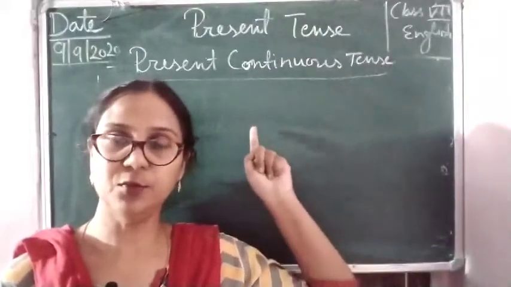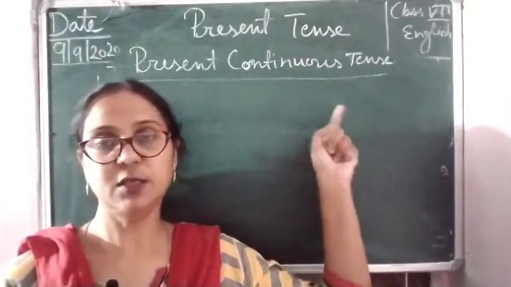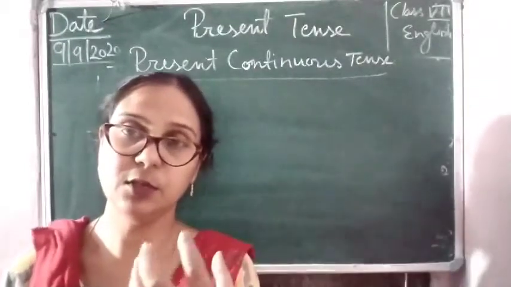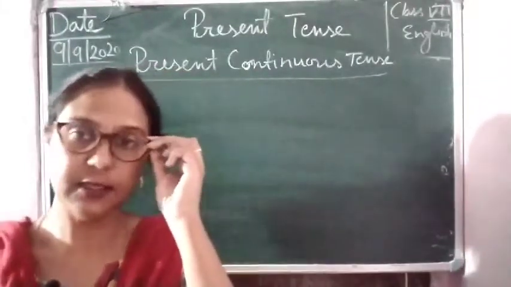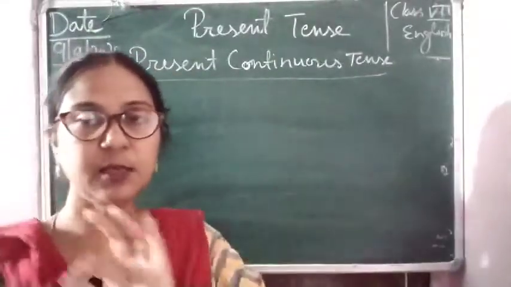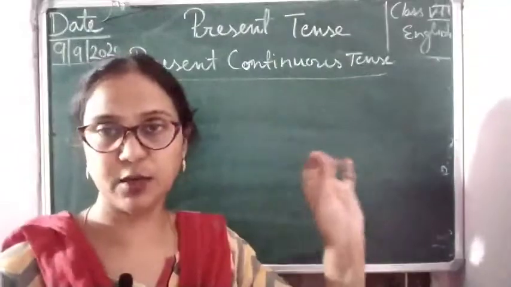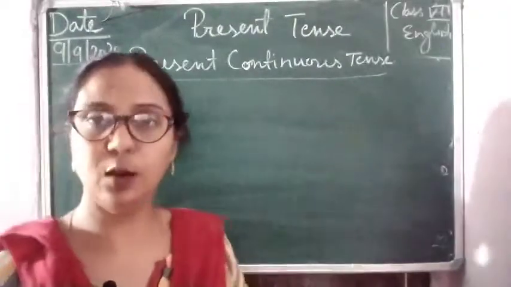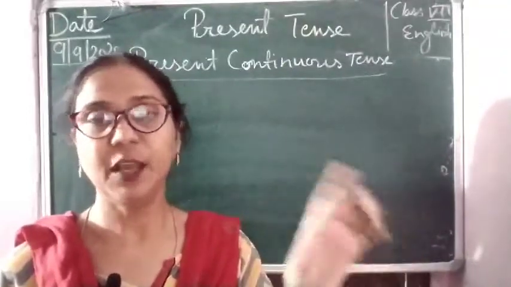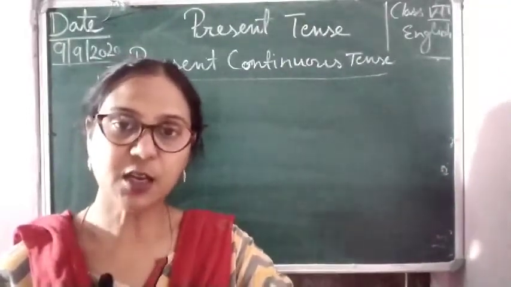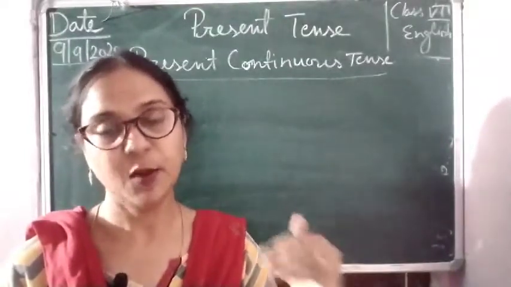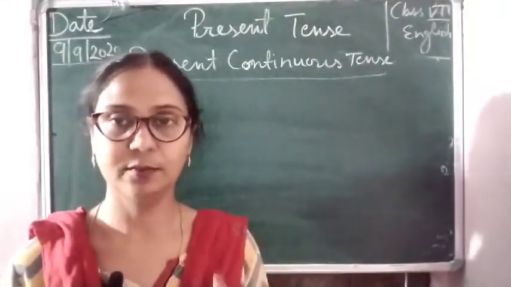That time we are supposed to use present continuous tense. So when we are talking about present continuous tense, present means now, continuous means it's the continuous in motion tense, as you all know. So present continuous tense means the action is going on in the present or now.